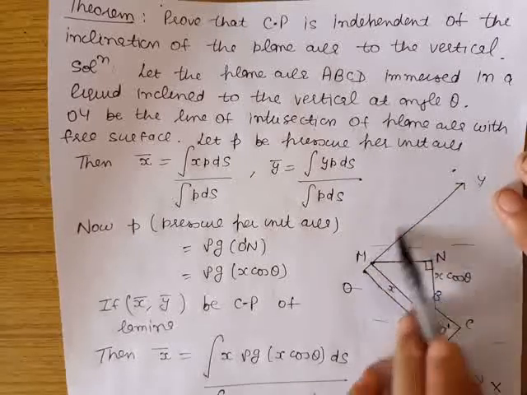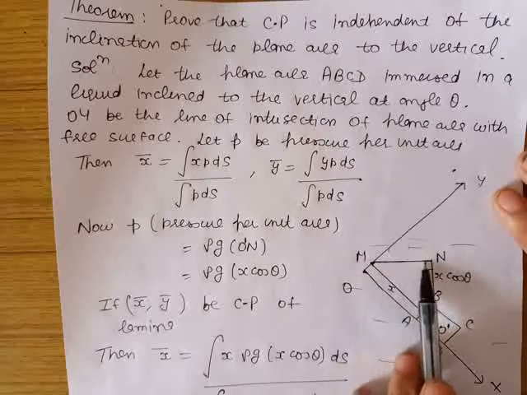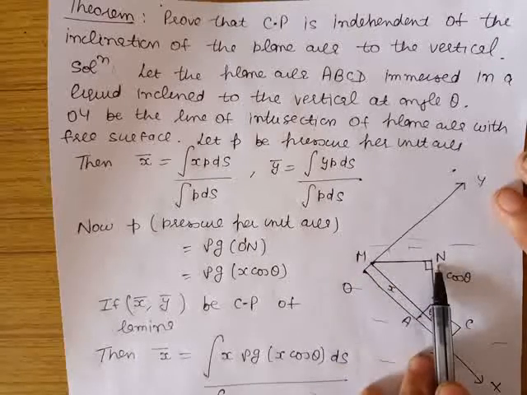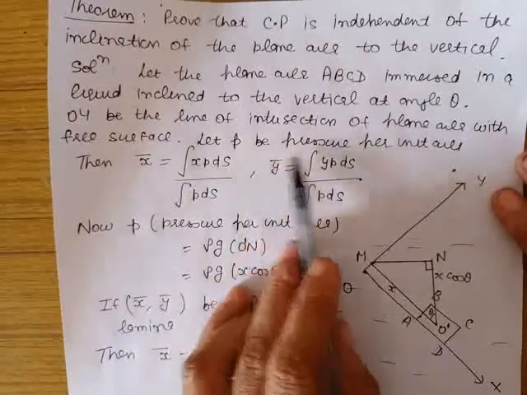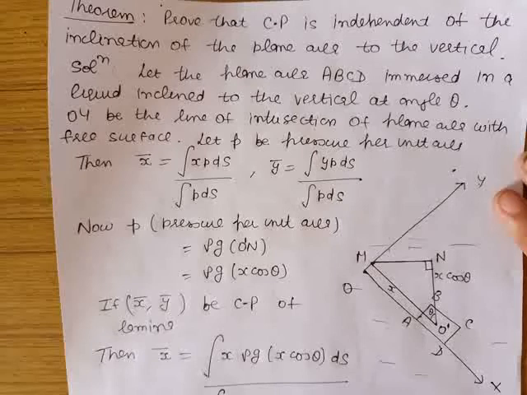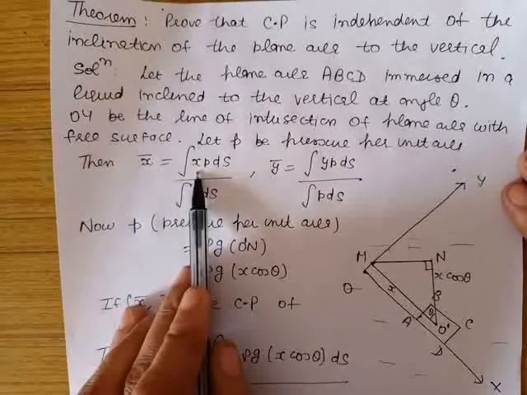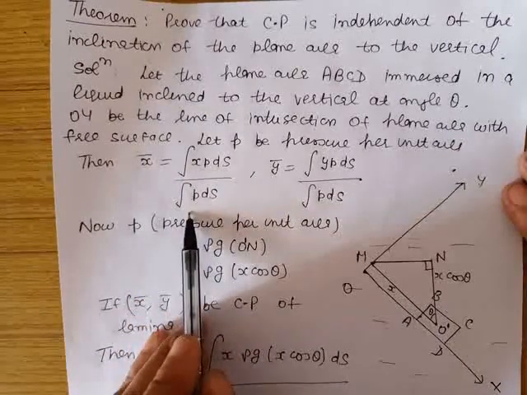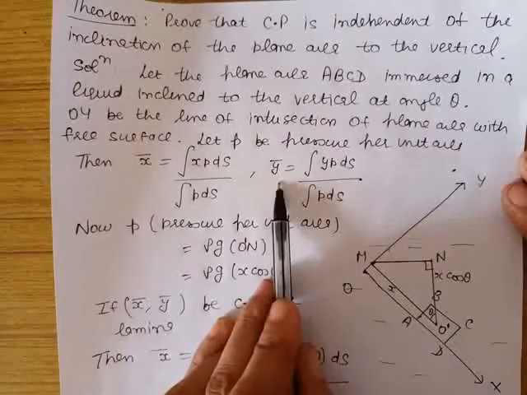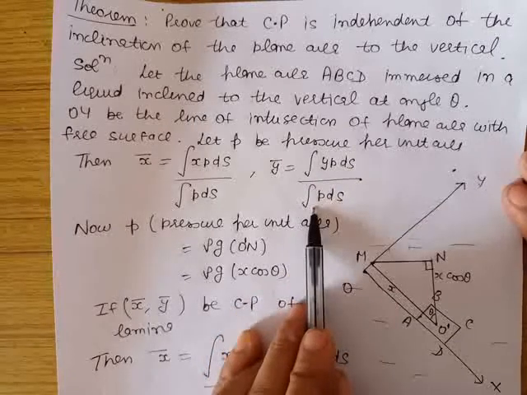The line OY is the line of intersection of the plane area with the free surface. This is the free surface. Let us take p as the pressure per unit area. Then by the previous article, the coordinates of center of pressure are given by x bar is equal to integral p x dS upon integral p dS, and y bar is given by integral p y dS upon integral p dS.